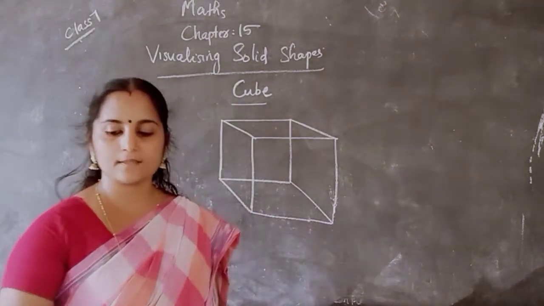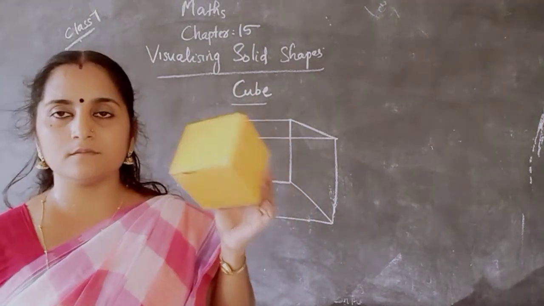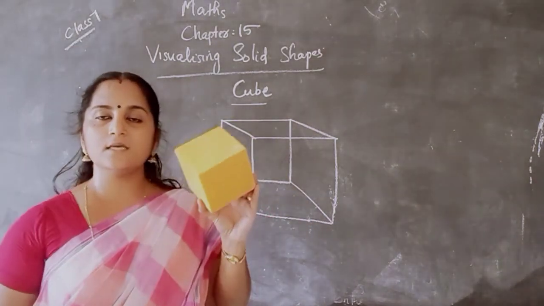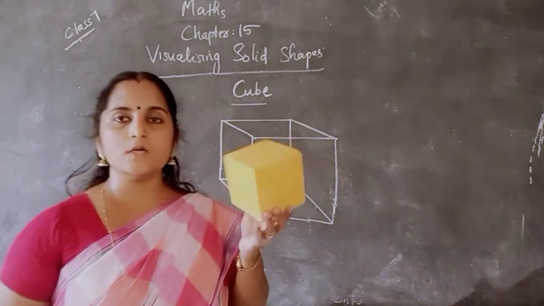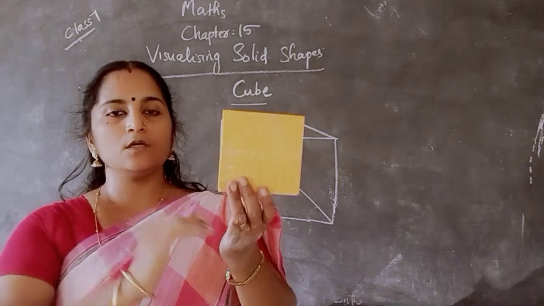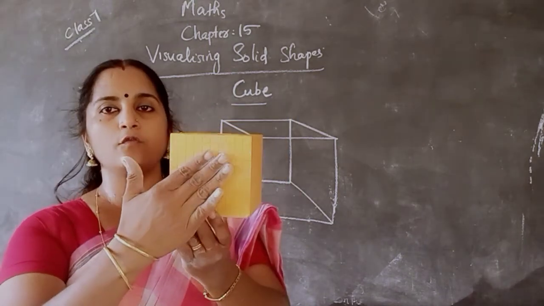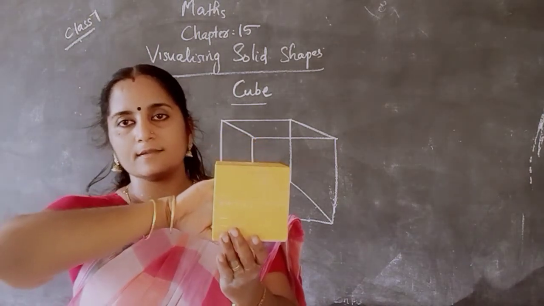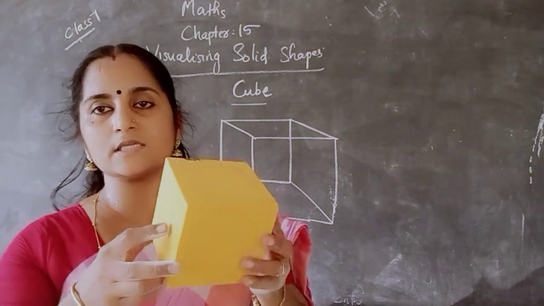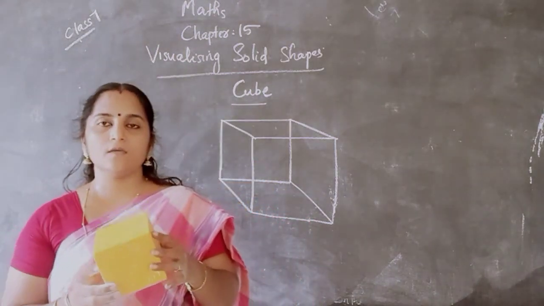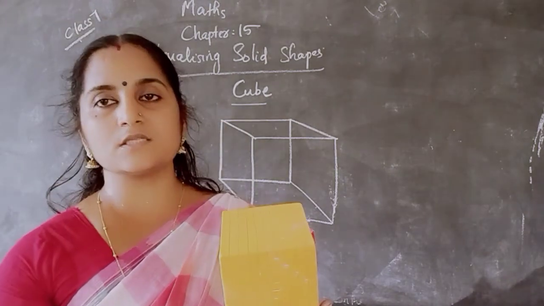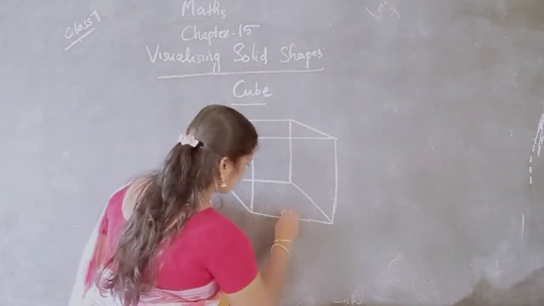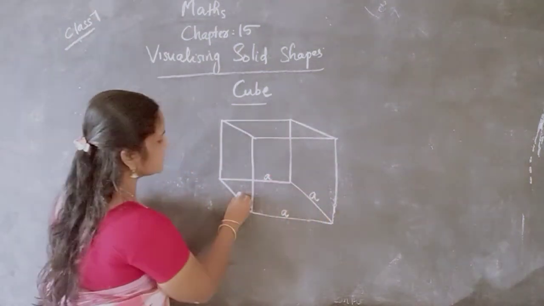Here how many faces are there? This is the model of a cube. Same as cuboid, here also we have 6 faces. 1, 2, 3, 4, 5, 6. And what about the shape of all the faces? Square shape. That's why, instead of LBH, we write it as S or A. That is, all the sides are equal.